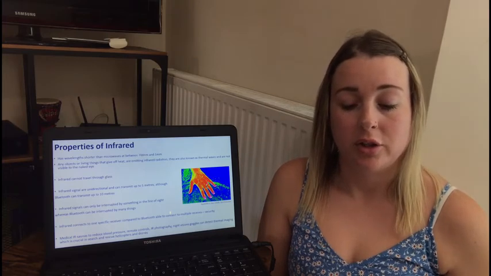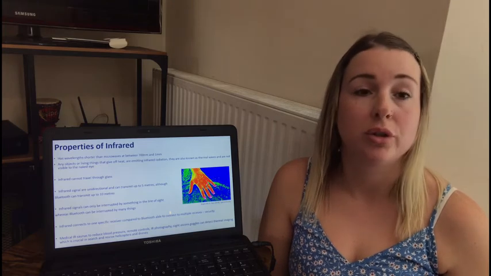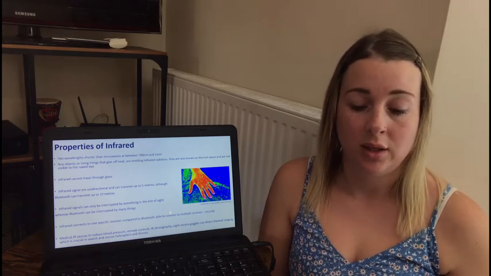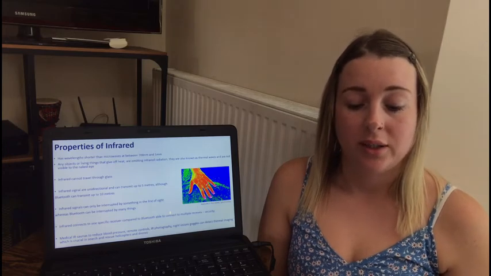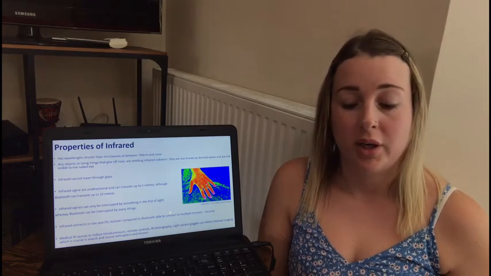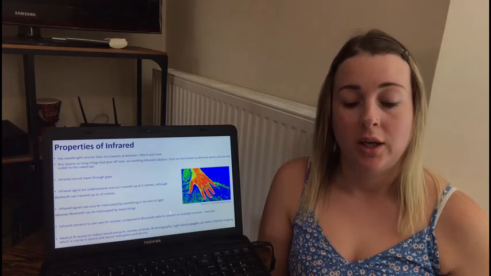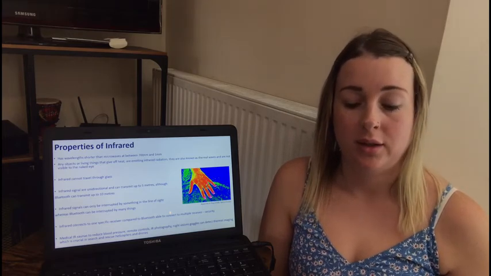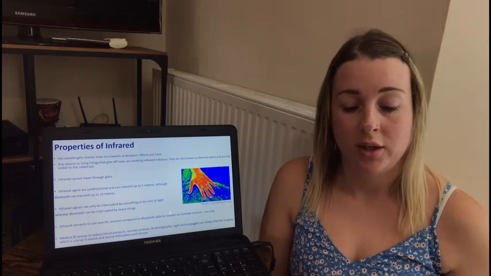Infrared signals are unidirectional and can transmit up to 5 meters, although Bluetooth can transmit up to 10 meters, perhaps making that more superior. Infrared signals can only be interrupted by something in the line of sight, whereas Bluetooth can be interrupted and intercepted by many things, making infrared perhaps safer security-wise.